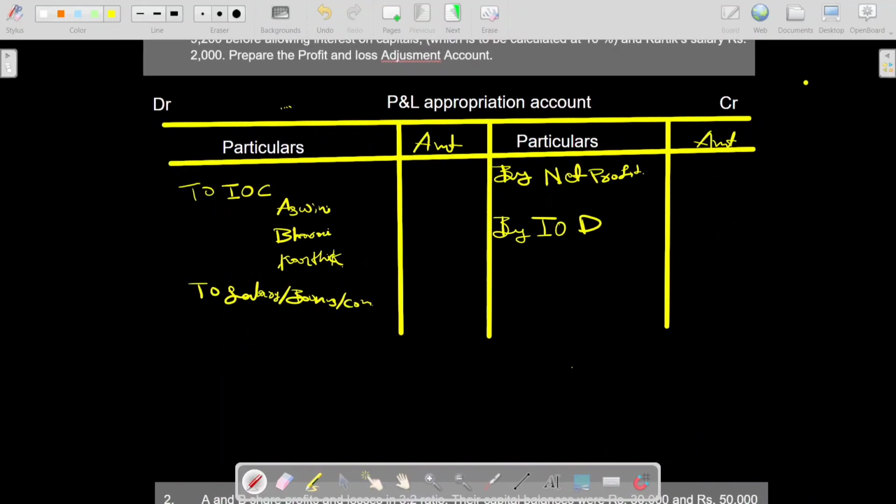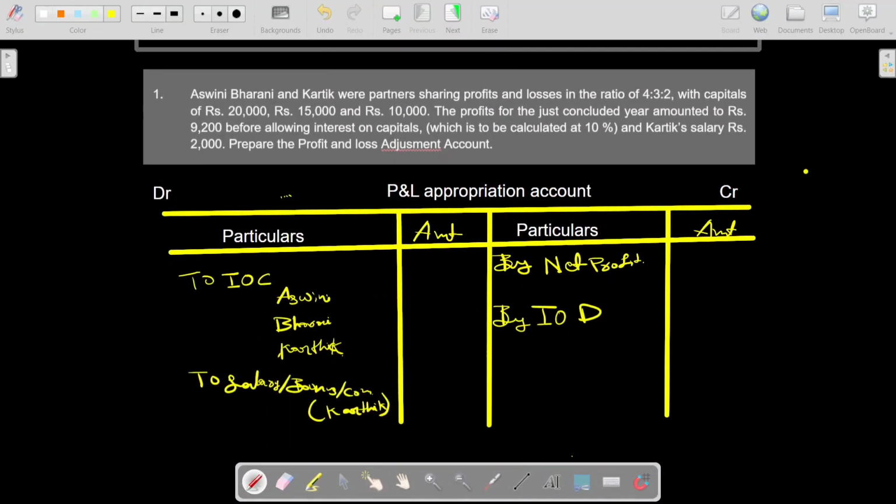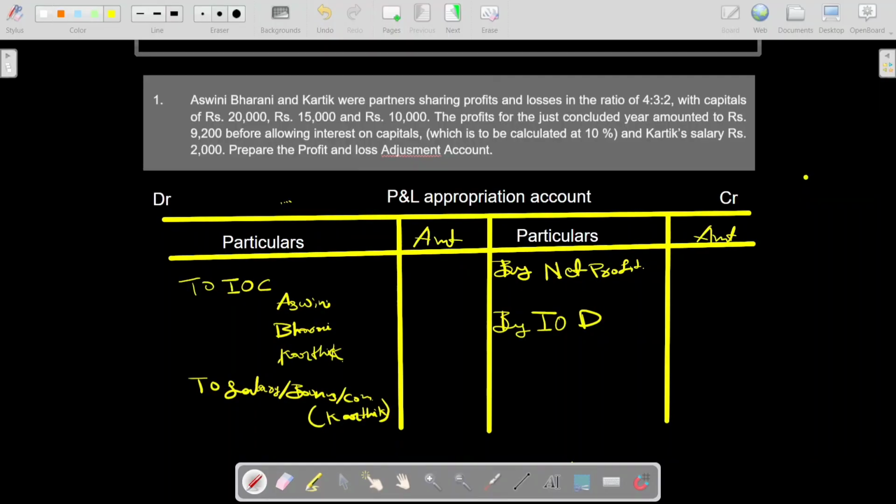But here only one person is taking salary, only Karthik. Is there any commission or bonus taken by the partners? No. And that's all. We don't have any extra things in this problem.